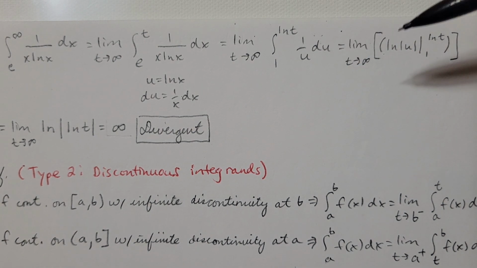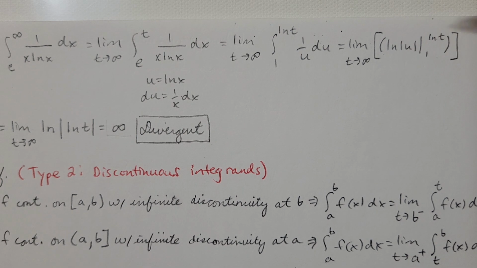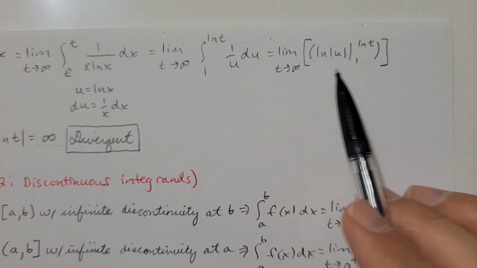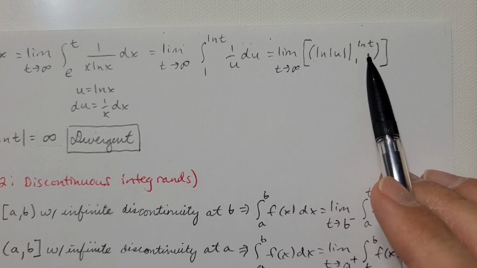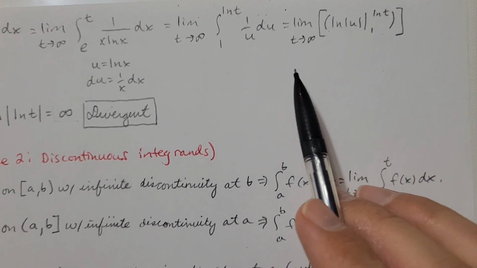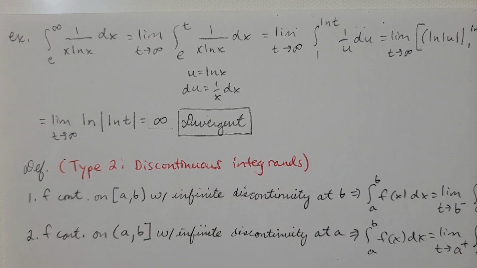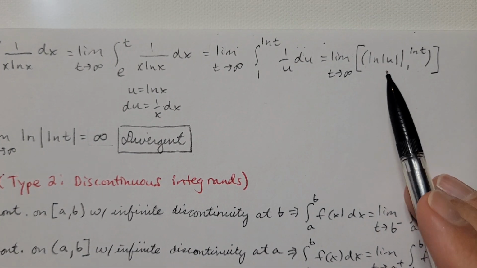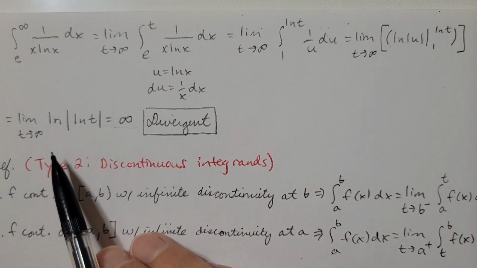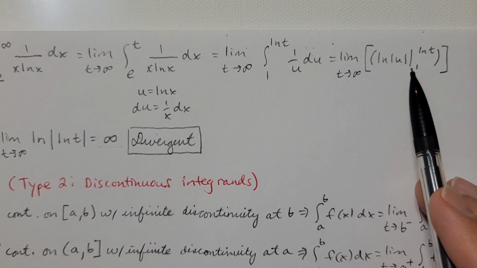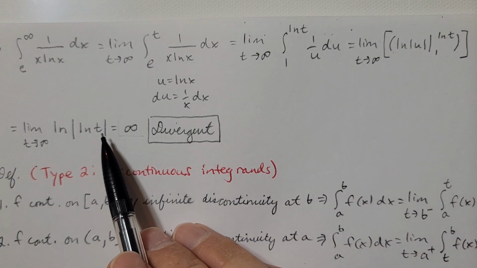Well, that's going to be the limit as t approaches infinity of the ln of the absolute value of u, and I'm going from 1 to the ln of t. So then plug in the bounds there. I have the limit as t approaches infinity of the ln of the absolute value of the ln of t, and then minus the ln of 1, that's 0.